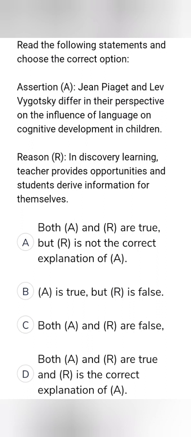A, both A and R are true, but R is not the correct explanation of A. B, A is true, but R is false. C, both A and R are false. D, both A and R are true, and R is the correct explanation of A. So, option number A is right. Both A and R are true, but R is not the correct explanation of A.